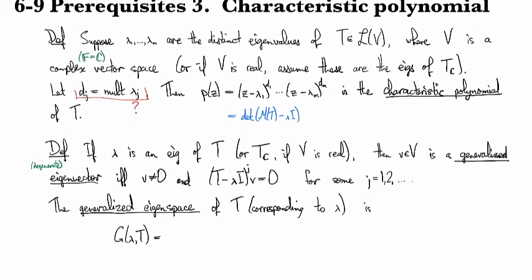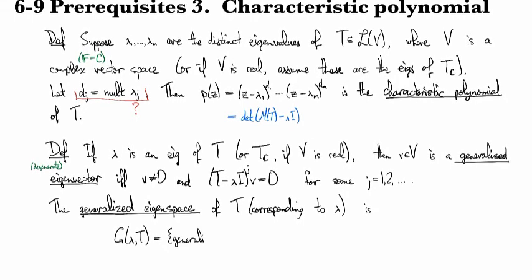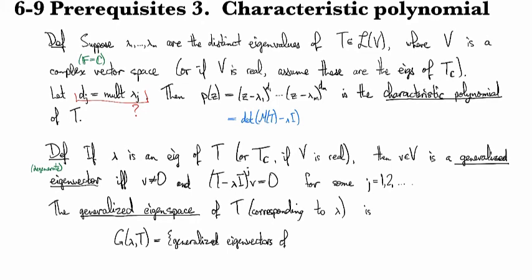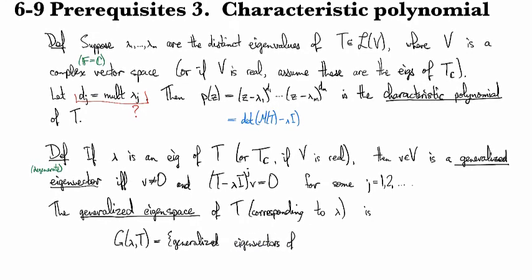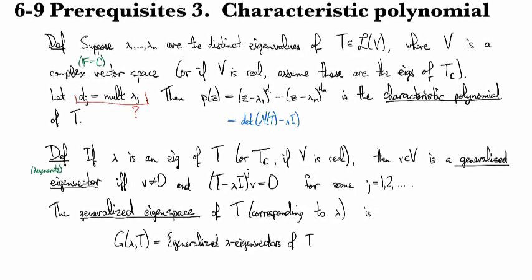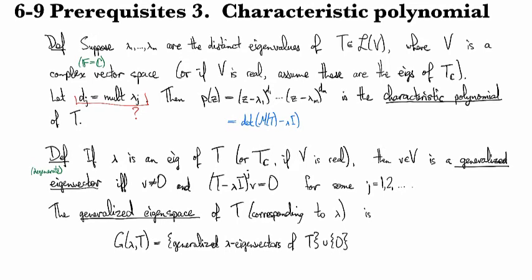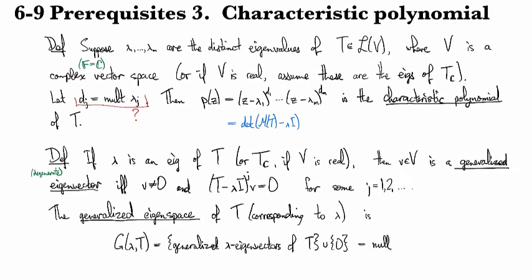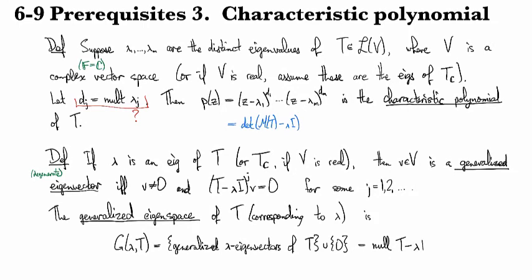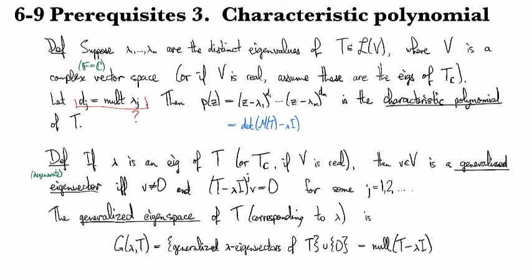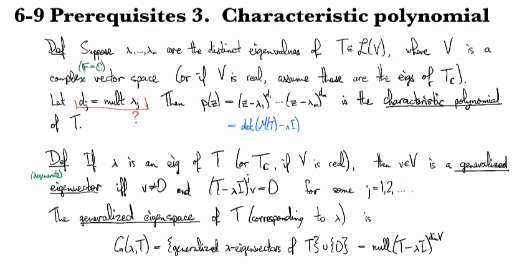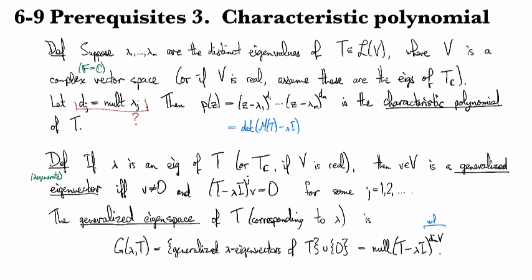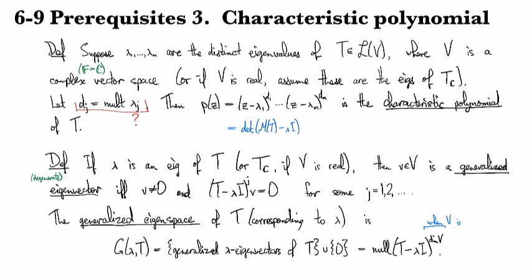So G lambda T is the generalized eigenvectors, and I guess I should say generalized lambda eigenvectors of T, union with 0, because 0 is never an eigenvector, which is the same thing as the null space of T minus lambda I, where we've raised this to a big enough power, namely the dimension of V. At least that's true when V is finite dimensional.